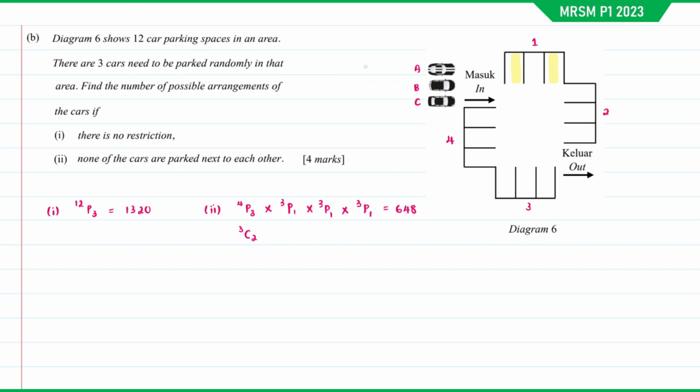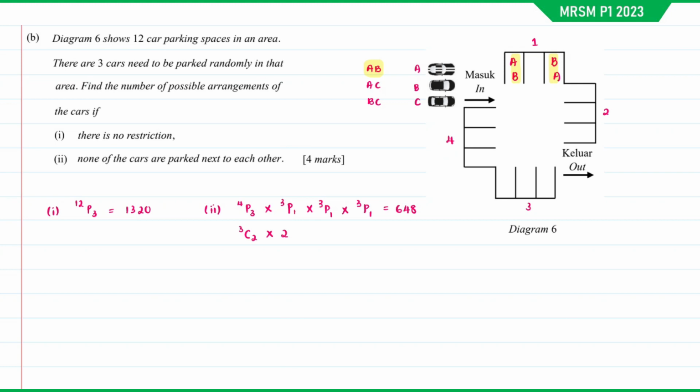This 3C2 is referred to either car AB, car AC, or car BC that will be chosen. So let's say the combination chosen here will be the car AB. To arrange the car AB into the parking lot number 1, it can be here AB or BA. So there will be 2 ways to arrange the car AB. So 3C2 later on will times 2.